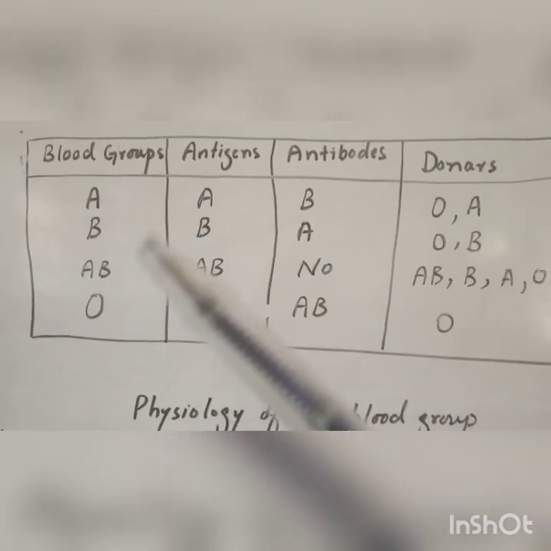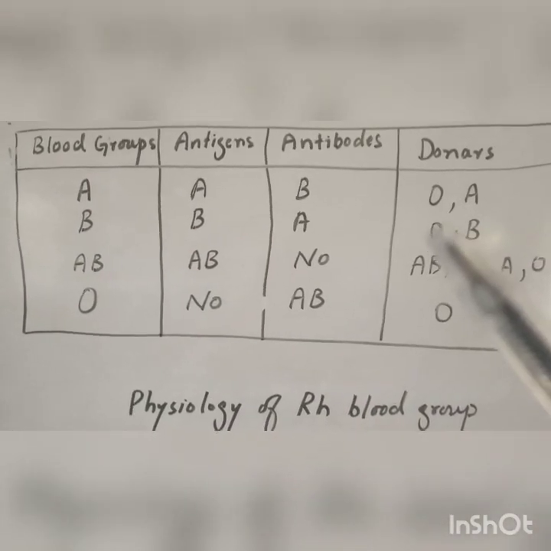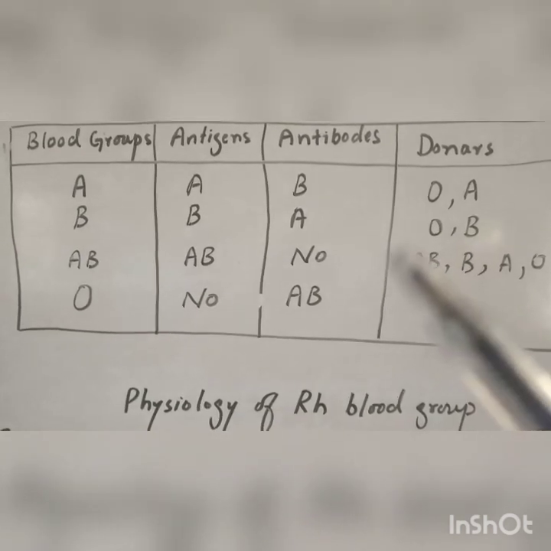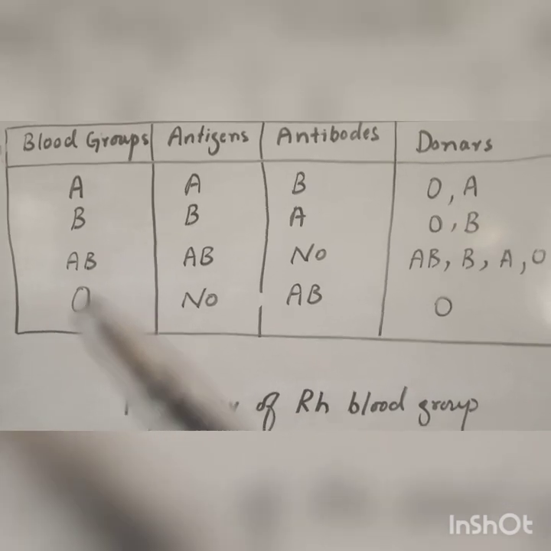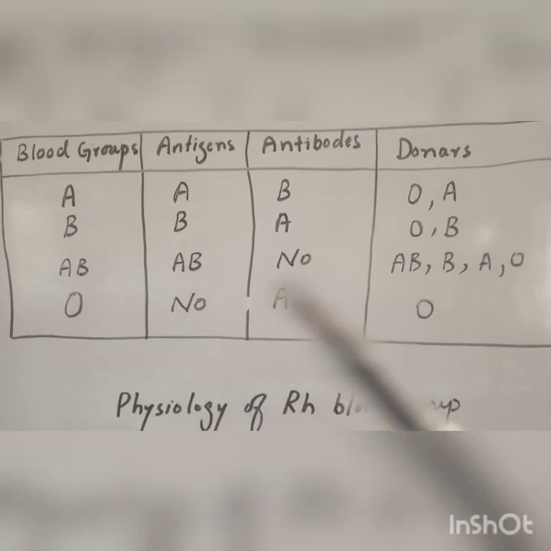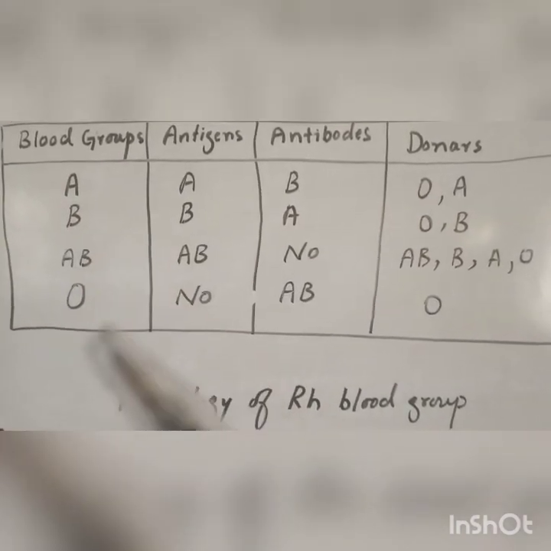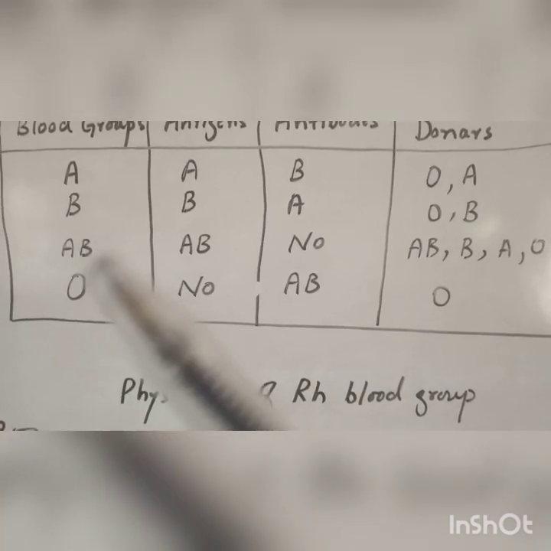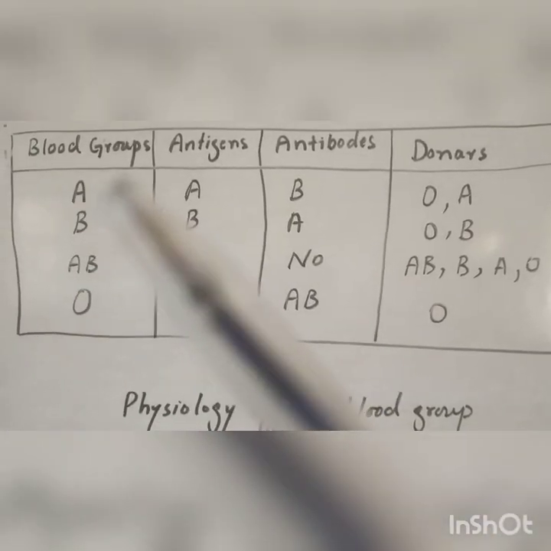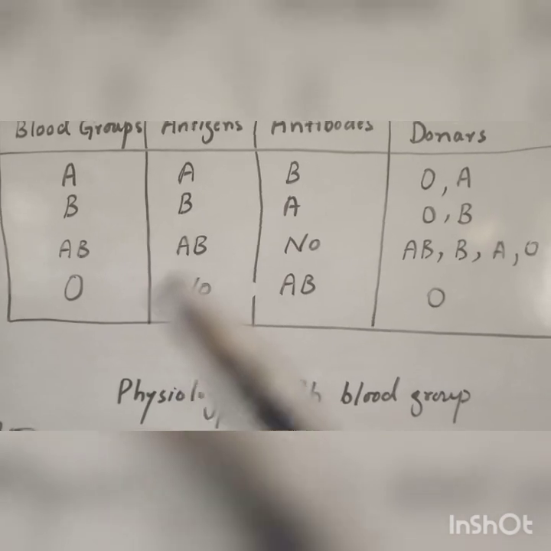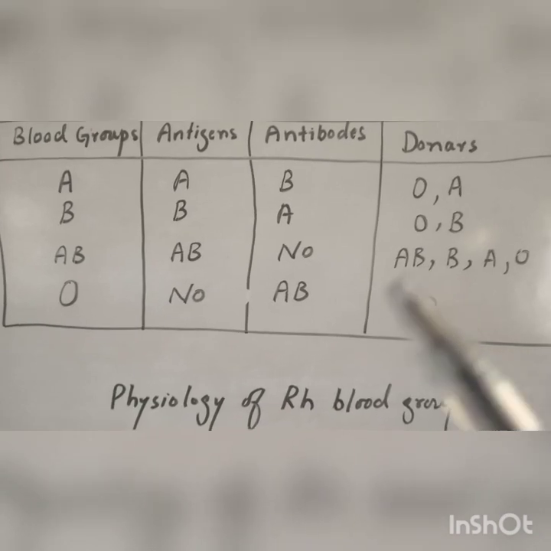While for blood group B, the donors are group B as well as blood group O. There is also the same case, having no antigens on blood group O. While for AB, the donors are AB, blood groups B and A as well as O. Because AB has no antibodies, it does not react with either blood group A or B or O. So AB is known as the universal recipient.